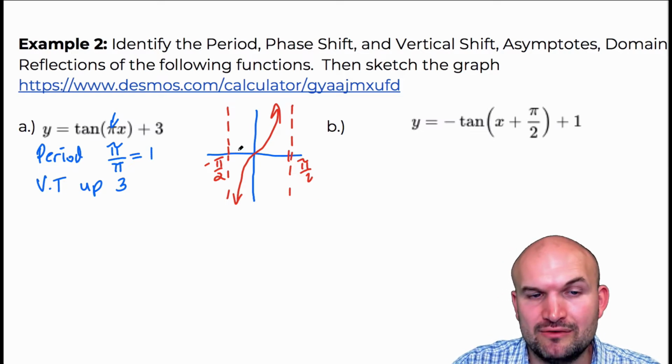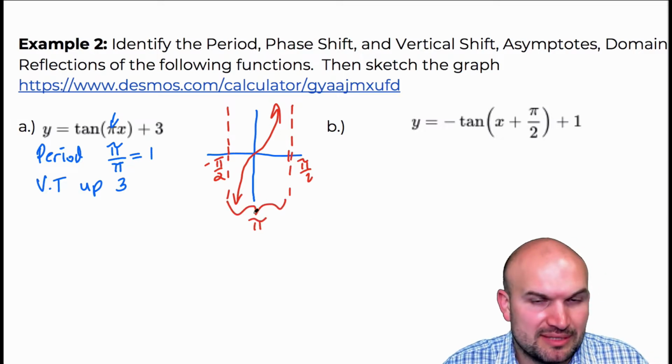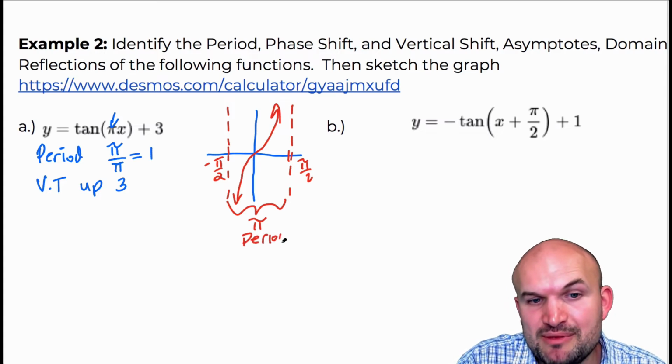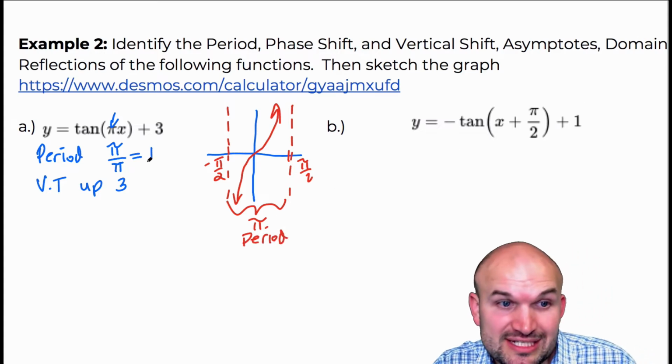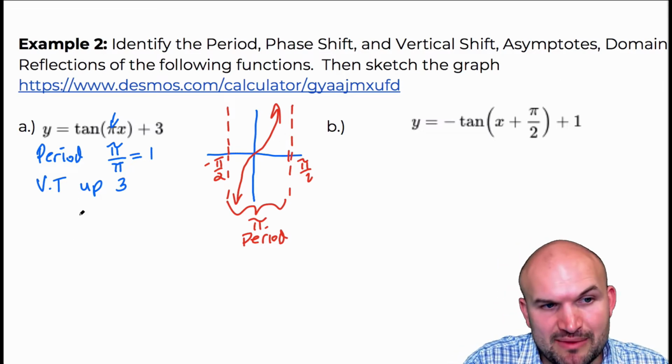And then from each asymptote, while this distance is really pi, it's really going to be the period, which can change. That's based on what our new period is, which in this case is 1.